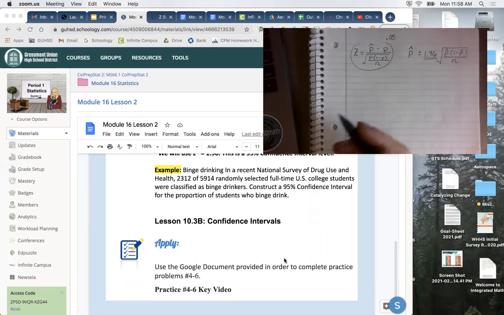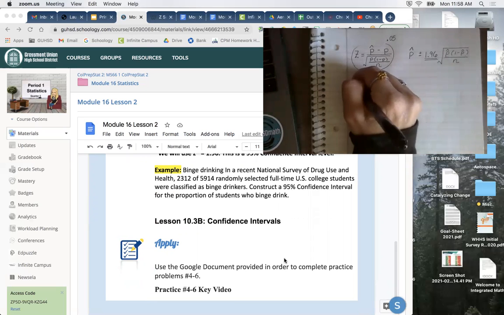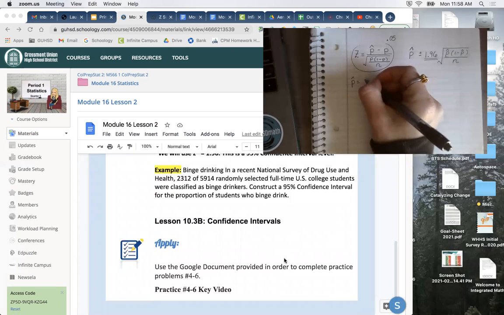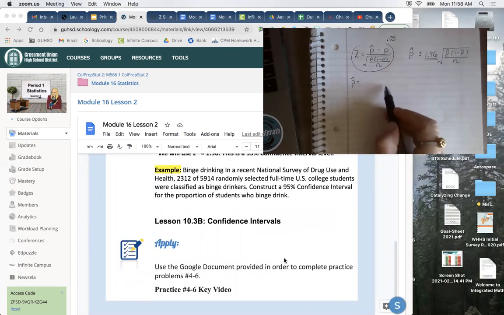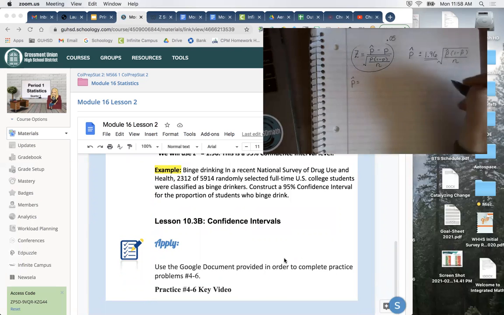So based on that proportion, we want to know, well, what is the true proportion? Because I'm going to give my sample proportion right here, but based on this, what is the true proportion of students that are labeled or classified as binge drinkers?